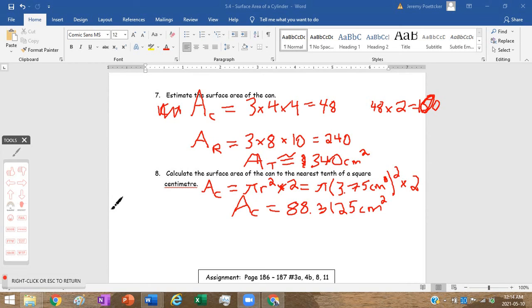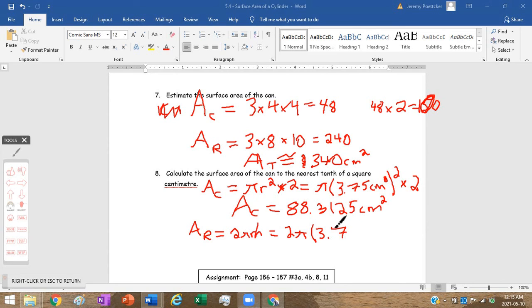All right, this takes us then to the area of the rectangle. Area of the rectangle equals, all right, well, we came up with that formula a little bit before, right? 2 pi r times the height, 2 pi r h, is equal to, okay, I'm going to use 2 times pi, lovely, times the radius, which was 3.75. I already found that out. Now, could I have used pi d h?